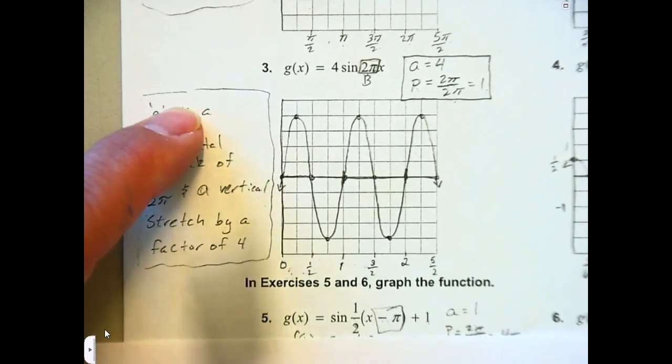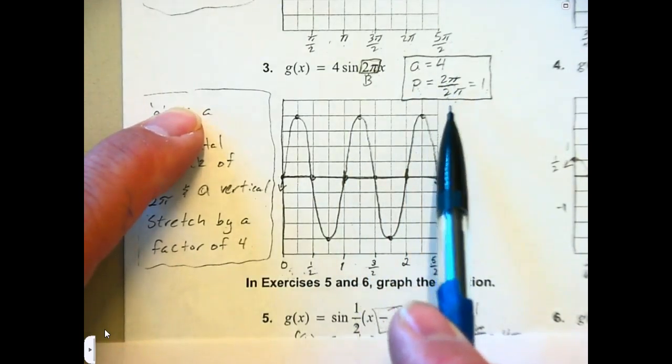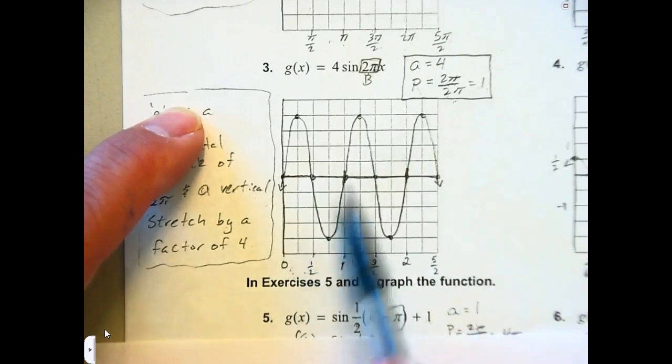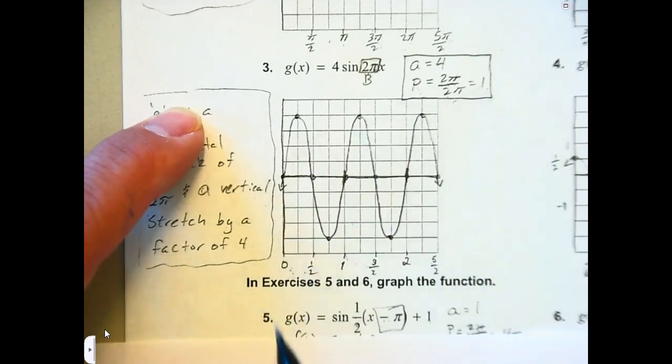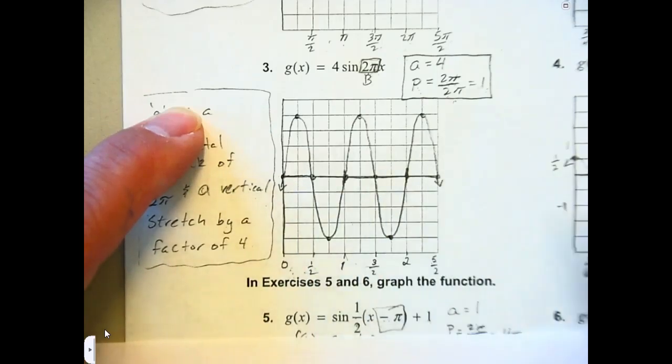Because your period length is 2 pi divided by B, and the pi's will cancel out then. So 1 period is 1, and you still have to do 2 pi. You need to graph out to 2 pi normally, meaning you'd have to actually go out to 6.28.